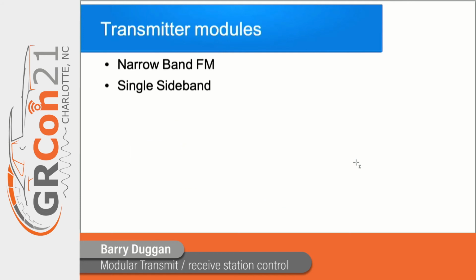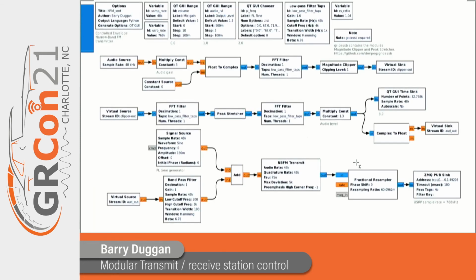The transmit modules, I have a narrowband FM transmitter and a single sideband transmitter. Here's the flow graph for the narrowband transmit. And it has 2 interesting features to it.